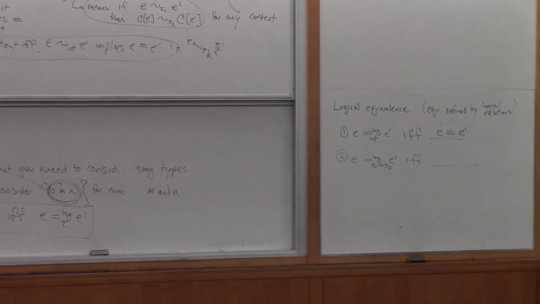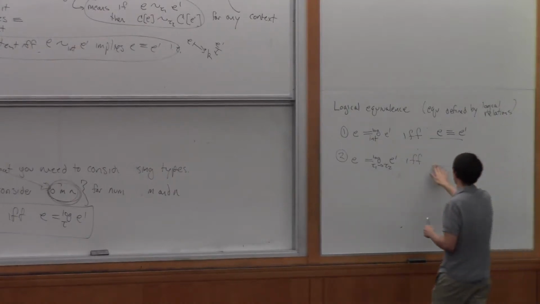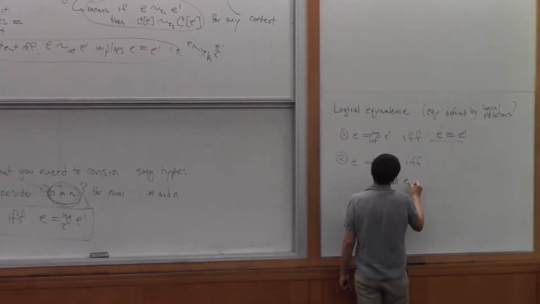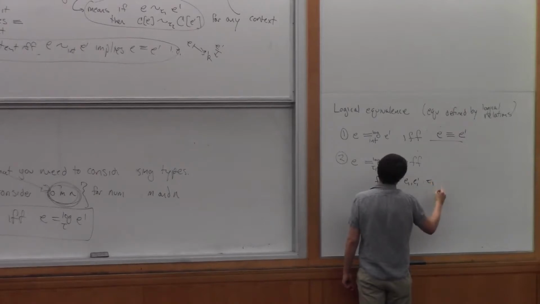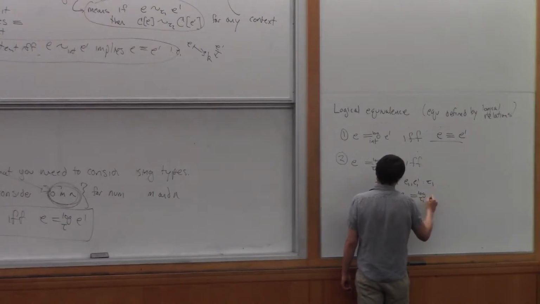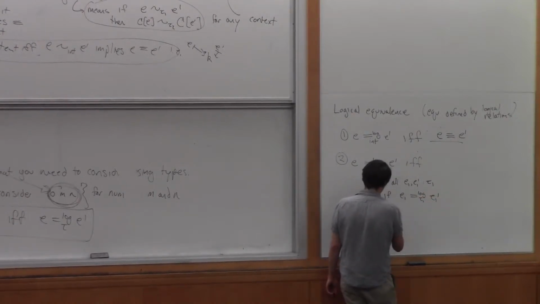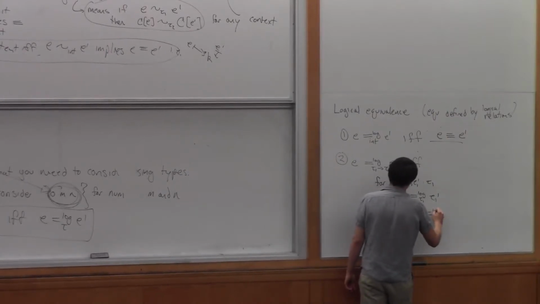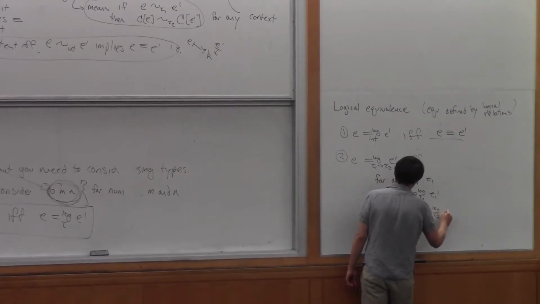When should two functions be equal? What contexts do we need to consider for functions? Well, what we want to say is that for all closed E1 and E1 prime of type tau 1, if E1 is logically equivalent at tau 1 to E1 prime, then the function application E E1 is logically equivalent at tau 2 to E prime E1 prime.